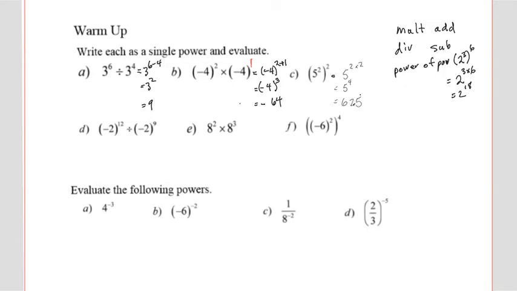The next problem comes out to be this. It's negative 2 to the 3 because 12 minus 9 here and here gives us 3 as our exponent. Final answer is negative 8.